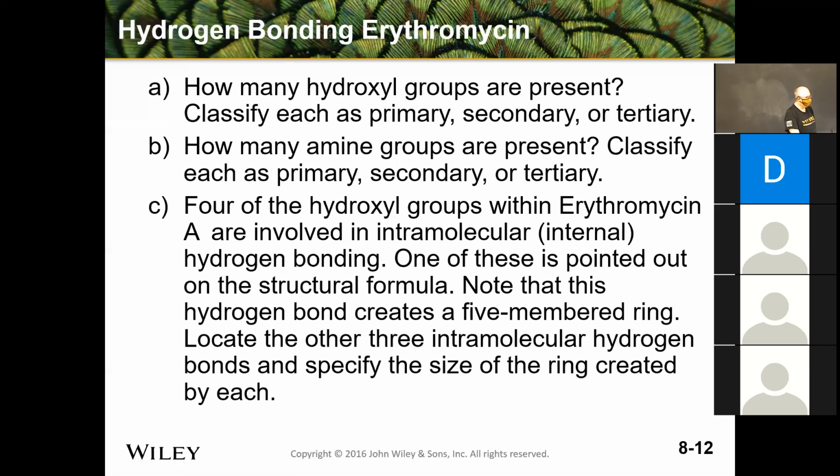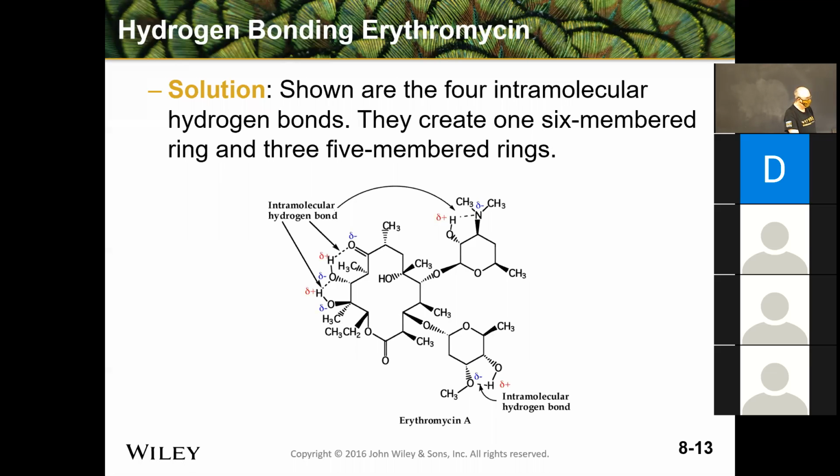Okay, and then the intramolecular or internal hydrogen bonding is shown. This hydrogen bond creates a 5-membered ring. Okay, are there any others? Okay, yeah, there's one here between nitrogen and OH.